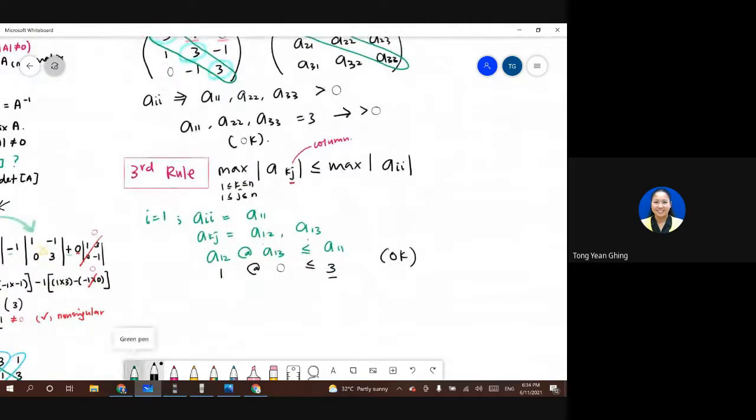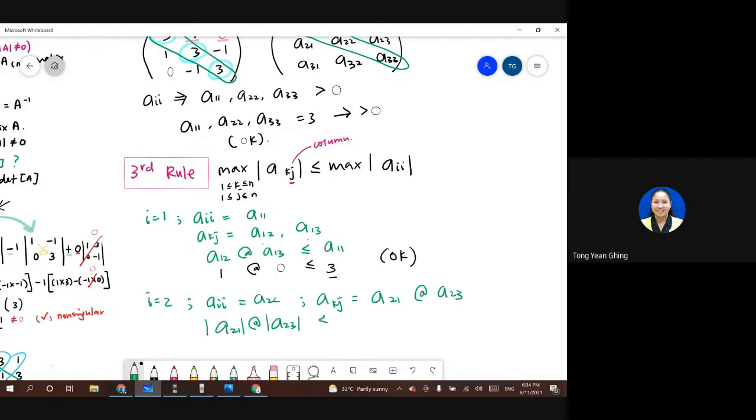Let's say we took I equal to 2. That means A_II is A22, and then A_KJ will be A21 or A23. So we check whether A21 or A23 in modulus is smaller or equal to A22.